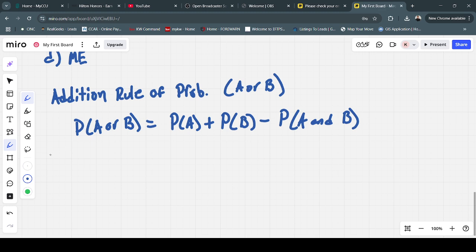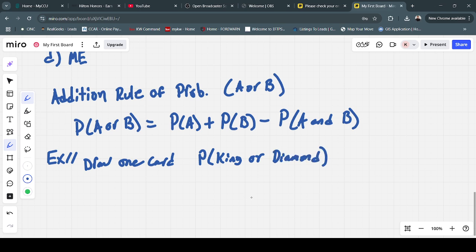An example to showcase this: you're drawing a single card. We draw one card, and what we want to know is the probability that the card will be a king or a diamond.